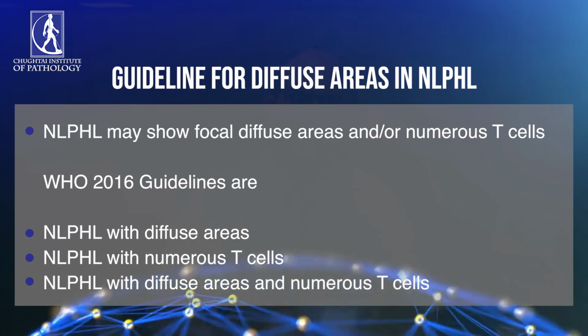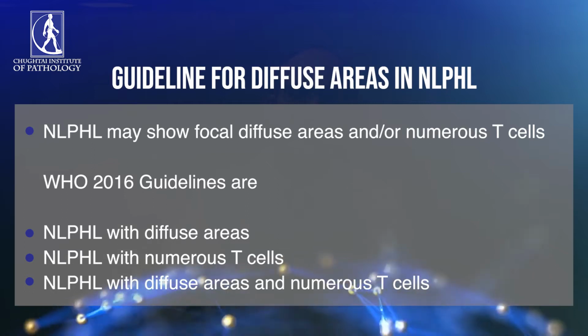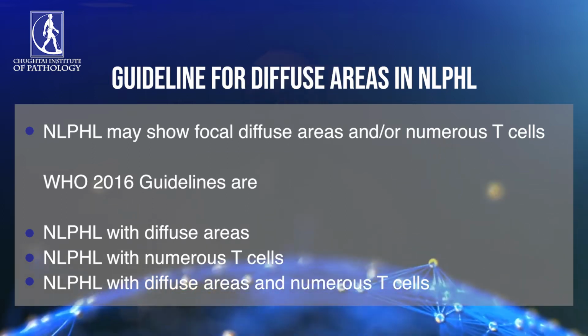If you have numerous T cells, the diagnostic line should be nodal lymphocyte predominant Hodgkin lymphoma with numerous T cells, or both. But remember that you need to have a classic lymphocyte predominant Hodgkin lymphoma in the lymph node along with which you will find these findings. Then you will diagnose these cases as nodal lymphocyte predominant Hodgkin lymphoma with these areas.